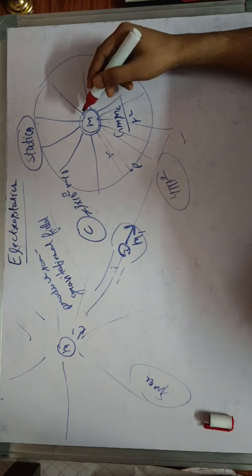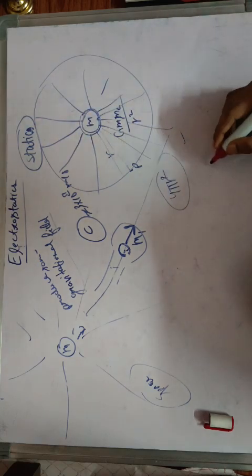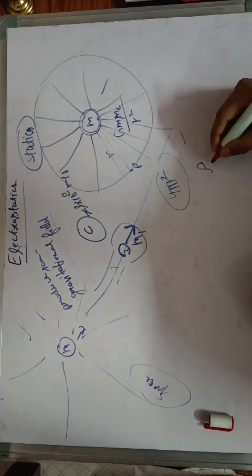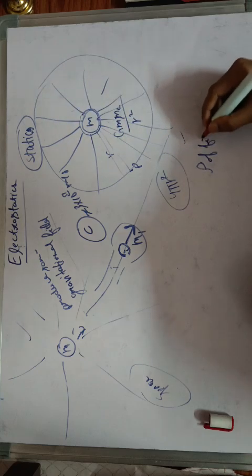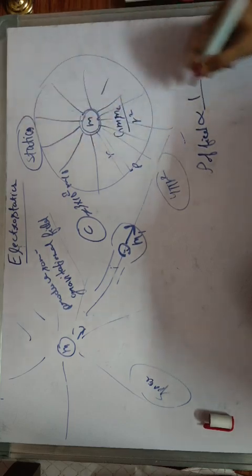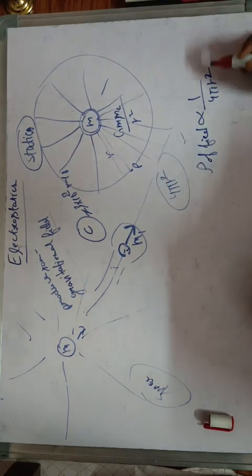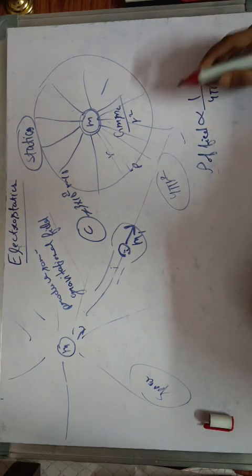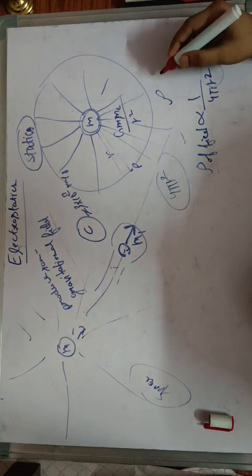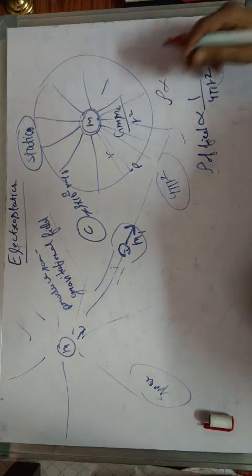So the more the area, the lesser the density. So we can say that the density of field is inversely proportional to the area of the surface, which is 4 pi r square, so the density of the field is inversely proportional to r square.